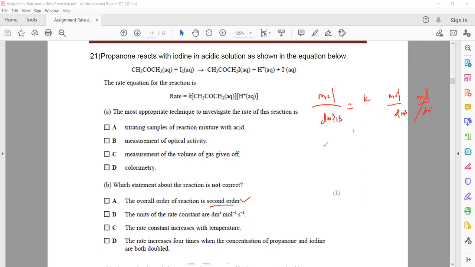So this mole per dm cube will cancel, and we are left with 1 over second, and mole and dm cube. Dm cube is divided, other side multiplied, and mole is multiplied, other side it will divide, and second. So it will be dm cube, mole inverse, second inverse. That's also true. The rate constant increases with temperature, that's also true. The rate increases 4 times when concentration of propanol and iodine double. Oh yes, iodine is not even in the rate equation. That's why it is not correct.